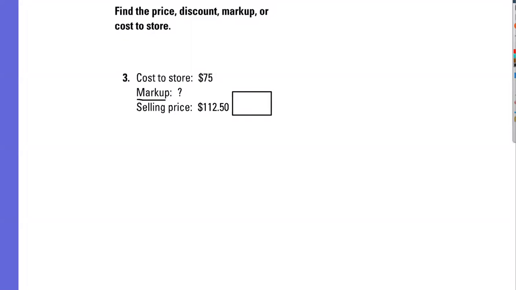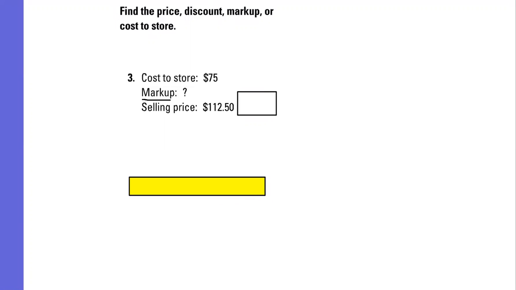So let's draw the picture here so we can see what this situation looks like. I have some starting point here. That bar is going to represent my wholesale price, and my cost to my store is my wholesale price. So that's $75. So here we'll label this wholesale price.